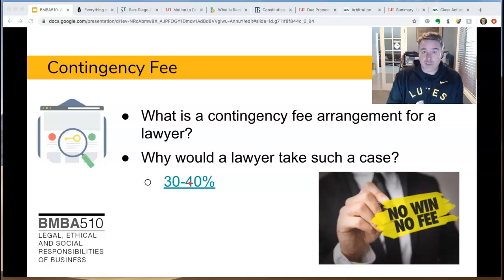Now, as a business owner, how might this impact you? Well, you could be on the other side of a contingency lawyer. You could be sued by one, which means that lawyer is incentivized to extract the largest possible dollar amount because they're going to personally get paid more. So when you are facing a contingency fee lawyer, it can be kind of a nightmare.